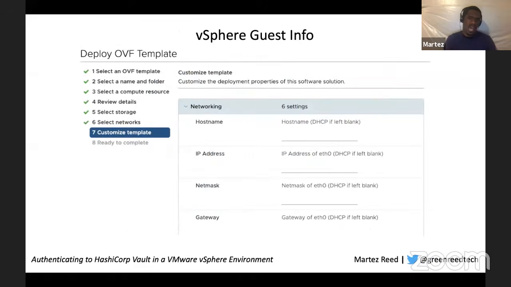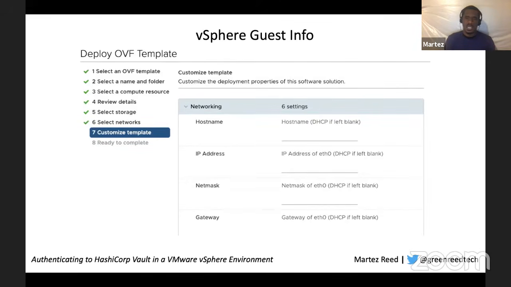One of the solutions that I've tinkered with is leveraging VMware vSphere guest information as part of the process. Those that are familiar with deploying OVAs or OVFs in VMware vSphere environments are familiar with a screen such as this, where you can customize the template with whether it's network information or configuration information, for the virtual machine to actually be able to pick up once it has booted.